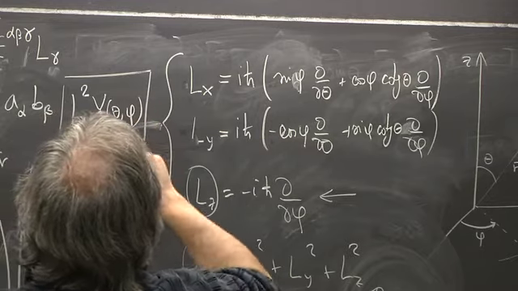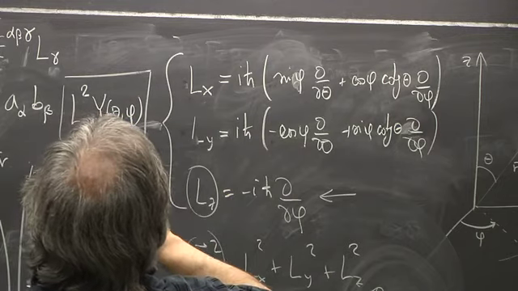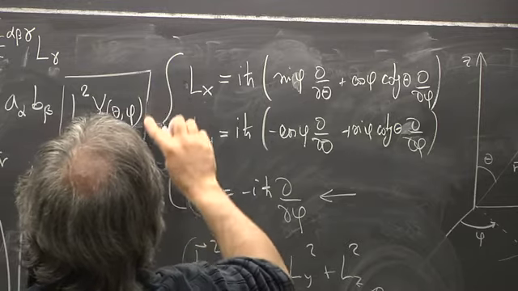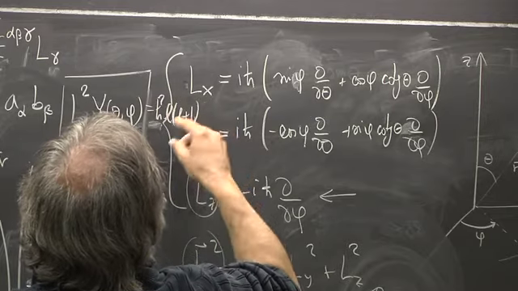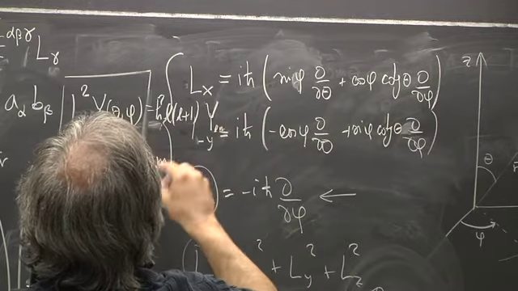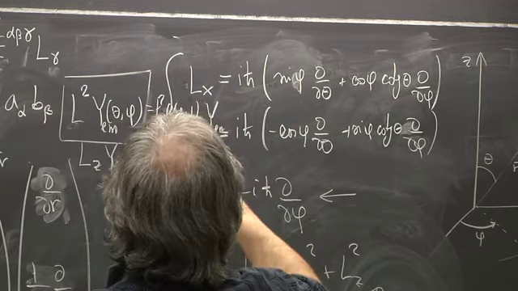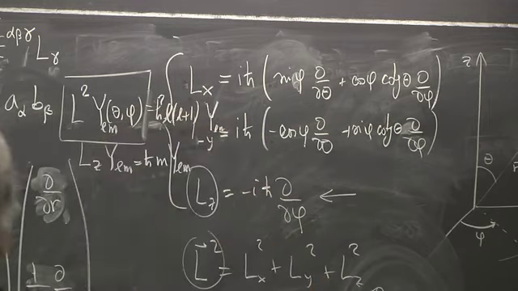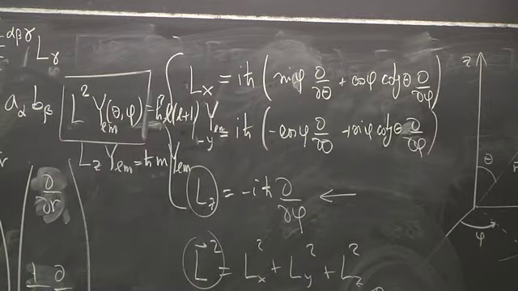So these are eigenfunctions of L square and Lz with certain eigenvalues, which are given by essentially l(l+1), where l is an integer, and m, where m is also an integer running between minus l and l. We will see this more later on. For the time being, I'm trying to put this in perspective and see that this is useful because I can construct eigenfunctions of them.